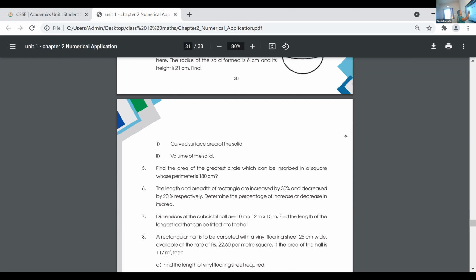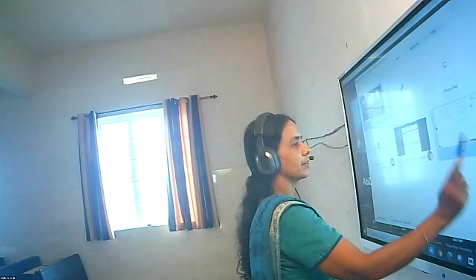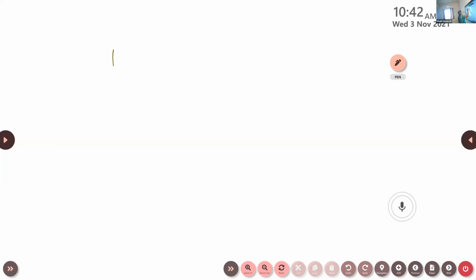How to solve this? Perimeter of the square is 180.